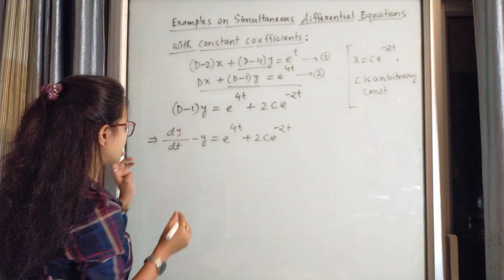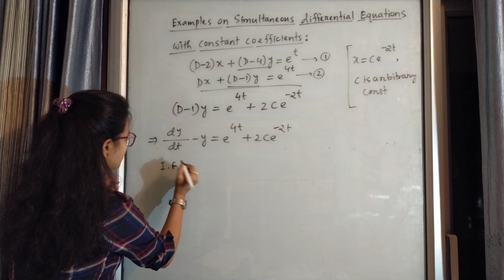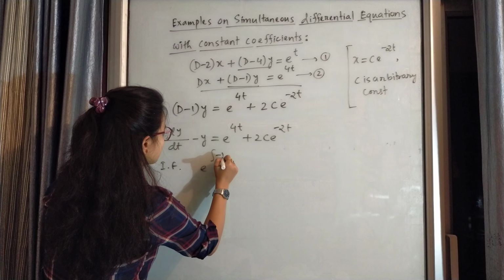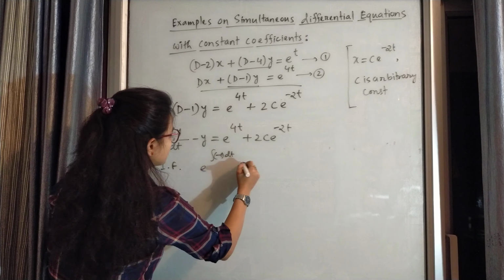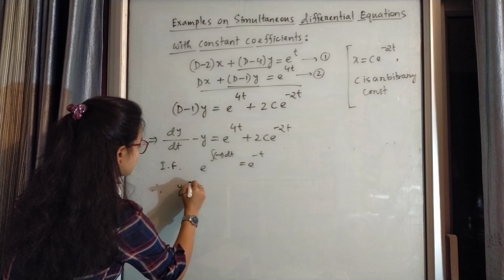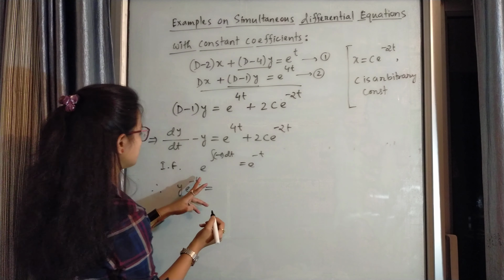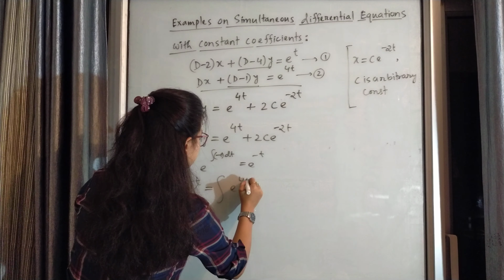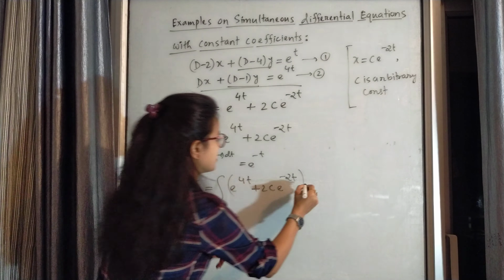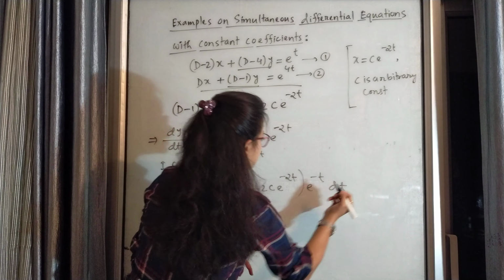So it's a linear differential equation. Easily we can quickly find the integrating factor, which is e^(-t). Therefore, the solution is given by y e^(-t) = integral of (e^(4t) + 2c e^(-2t)) multiplied by the integrating factor dt.